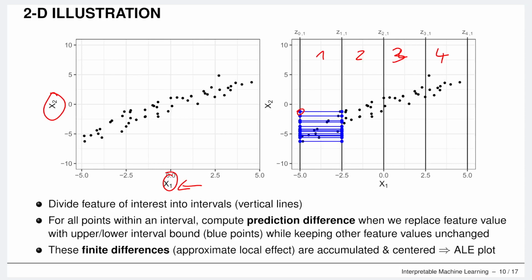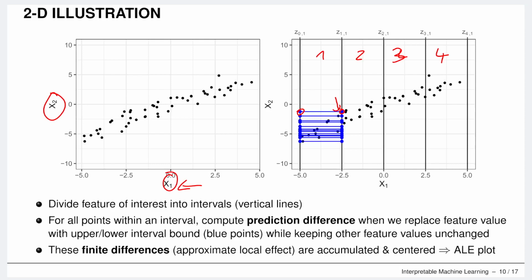For example, here and here we will have 2 points that refer to this one data point that we have here. We are asking the model the prediction at these points and compute the prediction difference with the upper and lower interval bound. This will essentially be the finite difference to compute the local effect of an individual observation here.